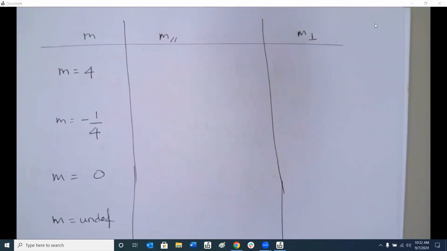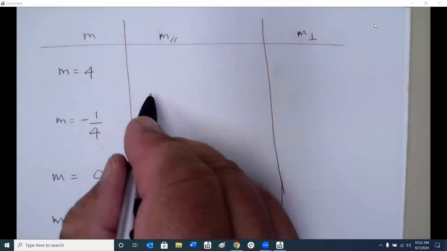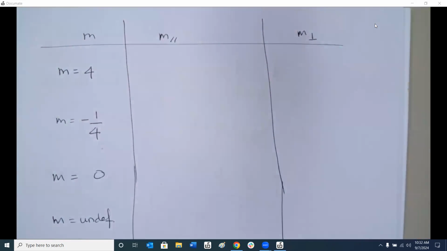Here are the four possibilities. Fill in their corresponding slopes.